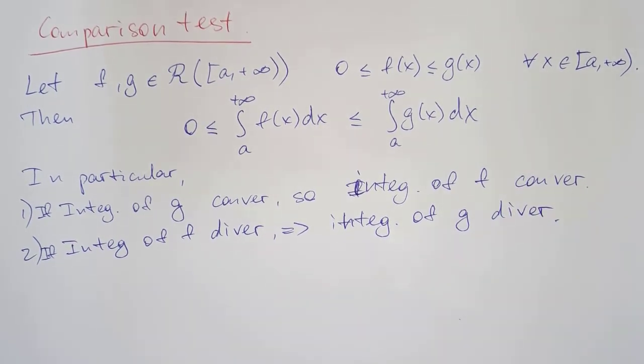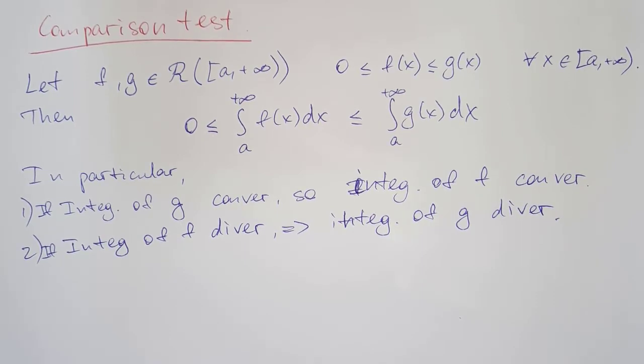So if the bigger one converges, it means the lesser one also converges. If the lesser one diverges, the bigger one also diverges too. Okay.